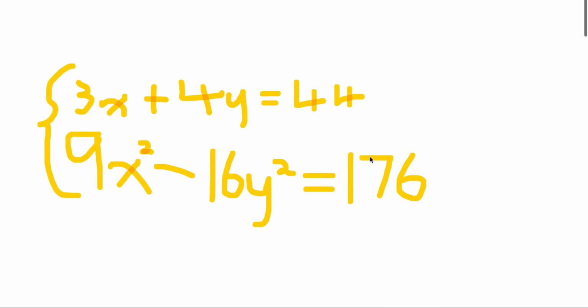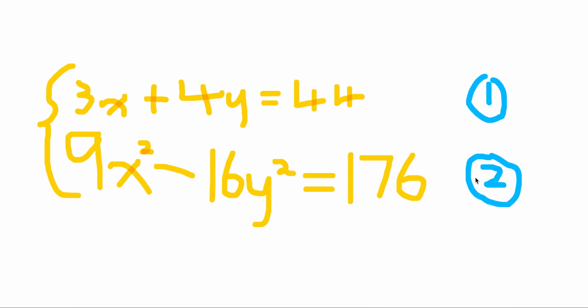Now that I have deleted everything, we are going to do it the better way. So let me just change back to blue. Again, this is equation 1 and this is equation 2. What we are going to do differently this time: if you want to do less work, you've got to use your brain more.